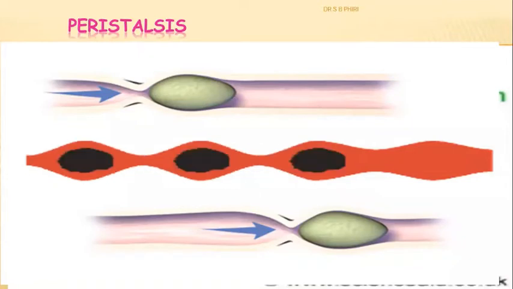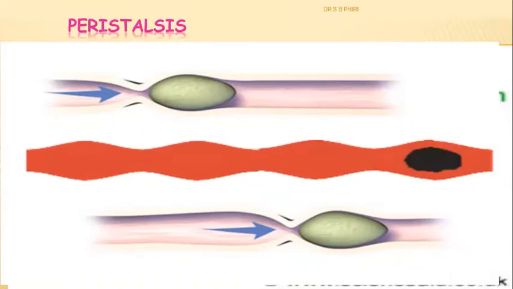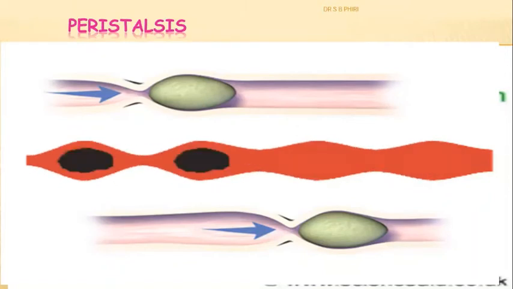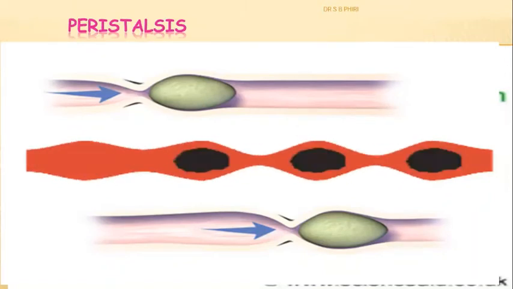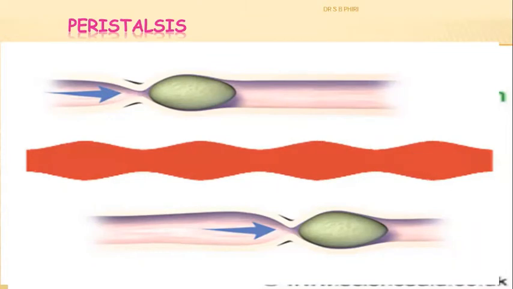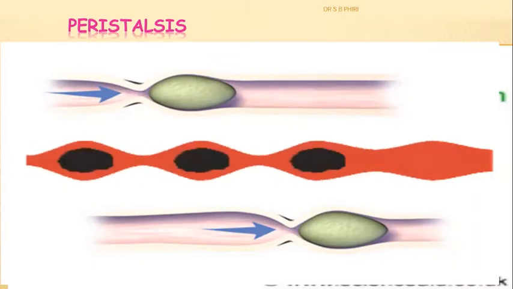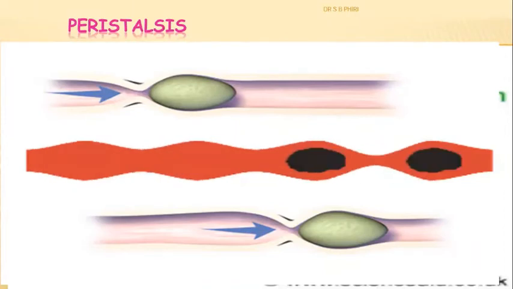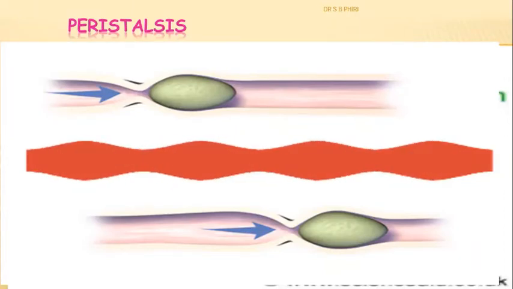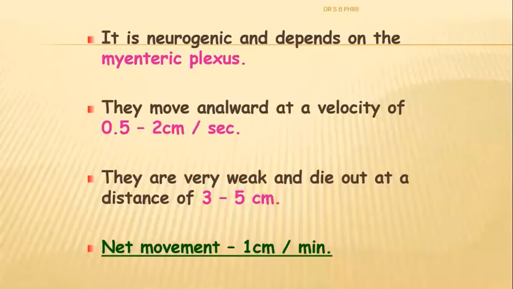Why? Because of pathology or toxins, you can have reversed peristalsis that will move things from the anal side towards the oral cavity, which is not the normal peristaltic contraction. In normal peristaltic contractions, the direction has to be aboral, or analward if you want, towards the anus.